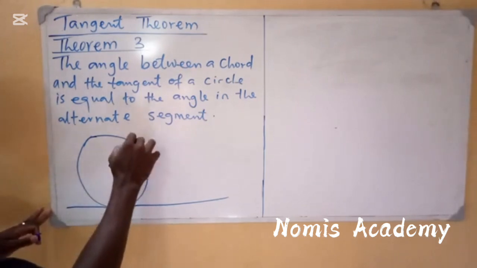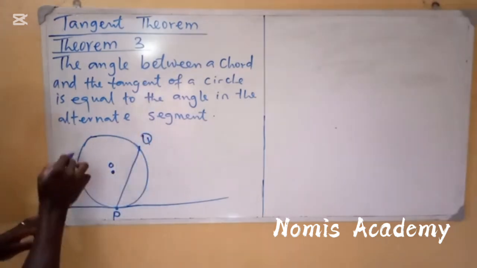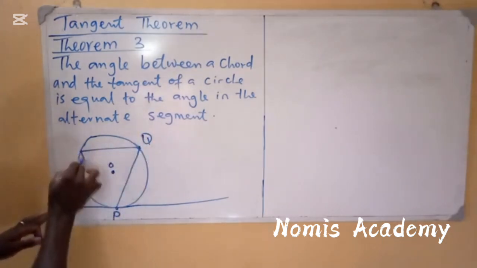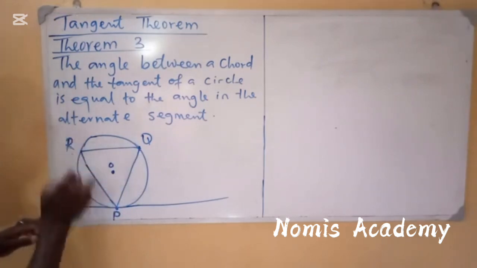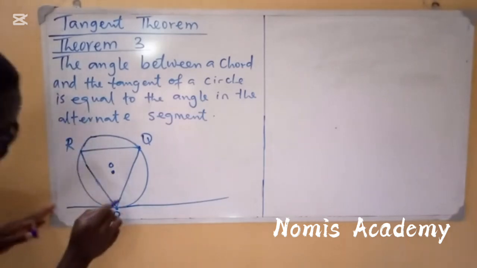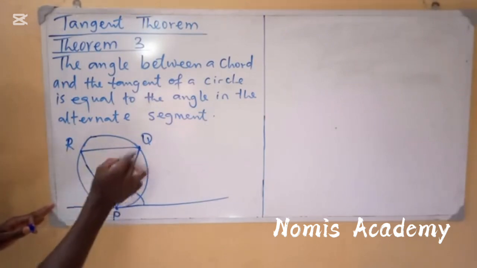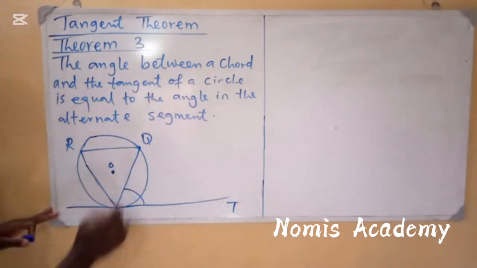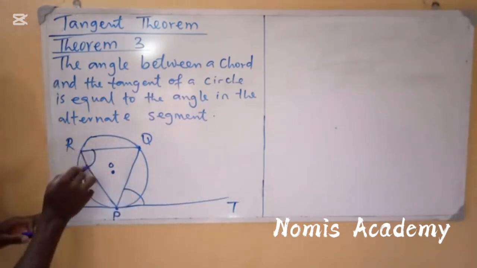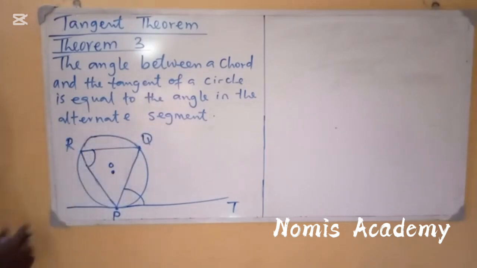We call this point Q, and then another point in the other segment, we call here R. Now the theorem says that the angle at this point, which is the angle between the chord PQ and the tangent, let's call it PT, this particular angle is equal to the angle in the alternate segment. So these two angles are equal.